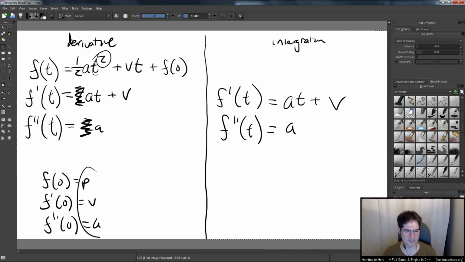Position, velocity, acceleration. I kind of use them interchangeably, which math people would probably not like, how fast and loose I play with that. And again, it's because I'm not very good at math, so in my head they all get jumbled. I think of them as a function that's getting its derivative taken twice, and I also think of it as position, velocity, and acceleration. They're all kind of mixed up in there.